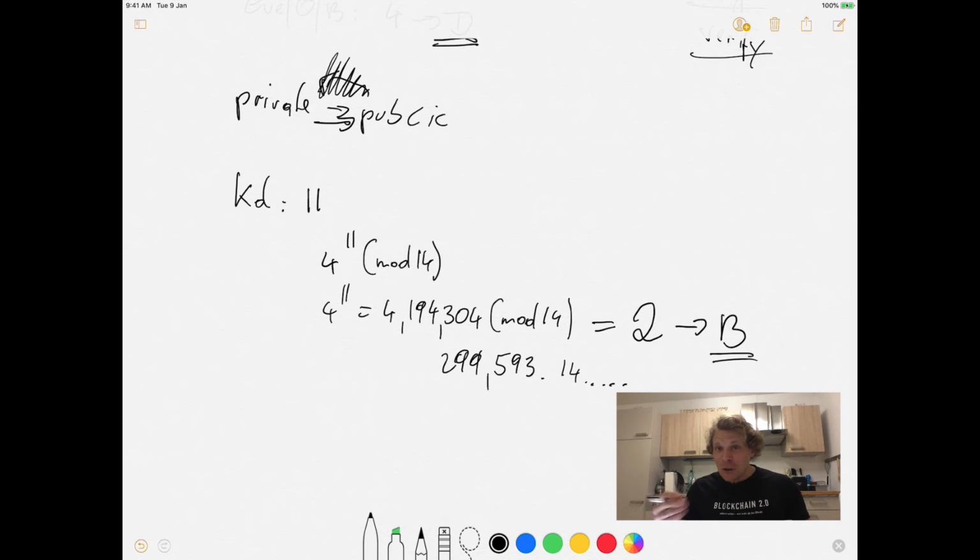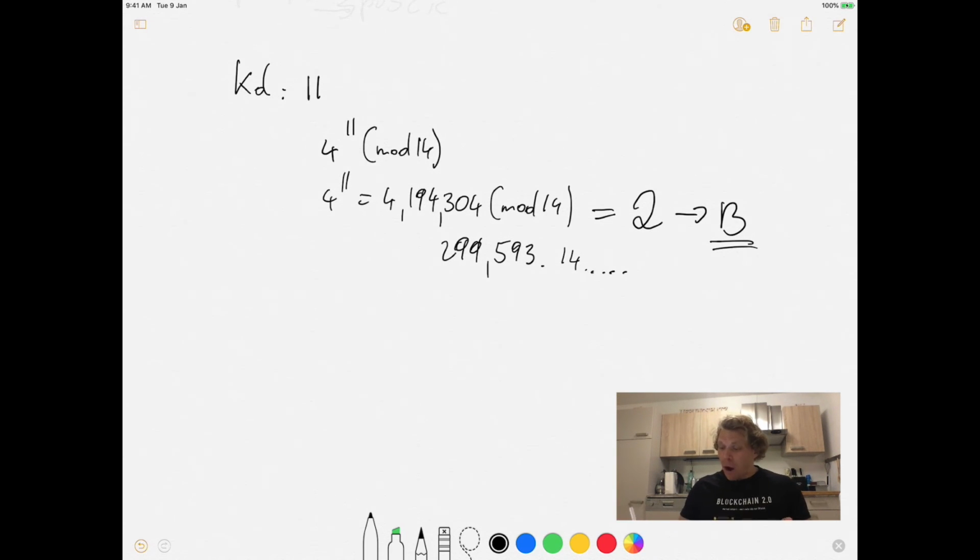Now, how does this look for Bob and Oscar? Oscar says 4, everyone knows 4, to the power of what, mod 14 equals what? And this is the private key.